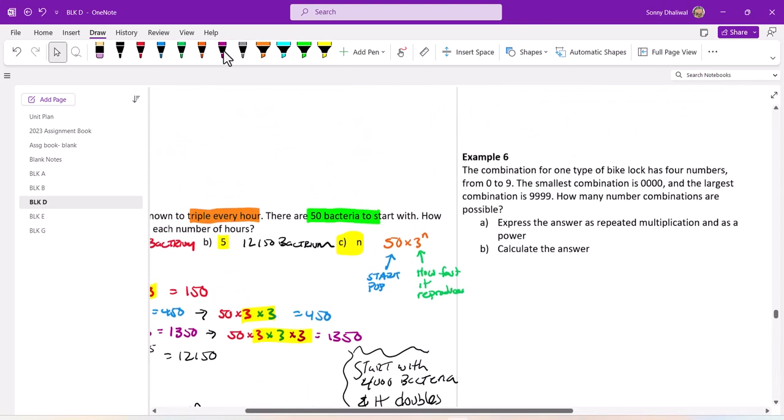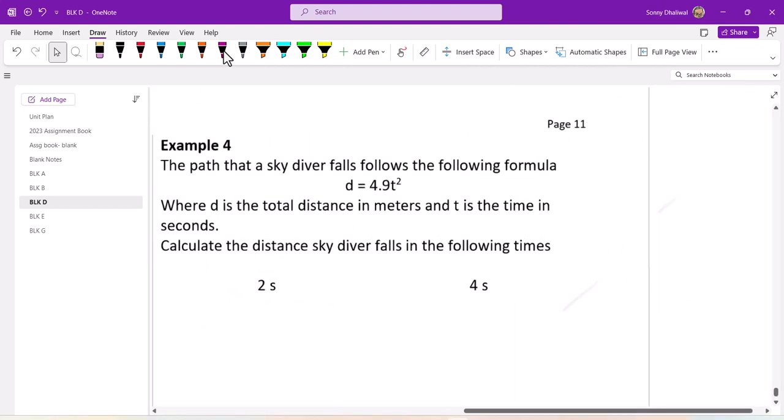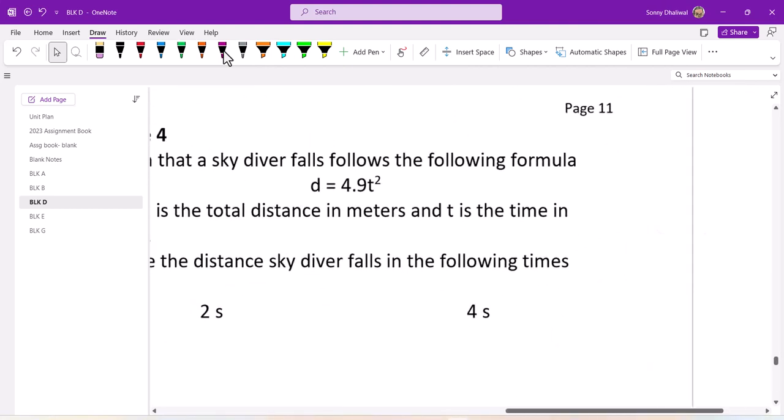So now, not bacteria related, but science related, but a very similar formula. We have a number times a letter to the exponent 2. This is a formula for how projectiles travel, which you'll learn about next year in science.